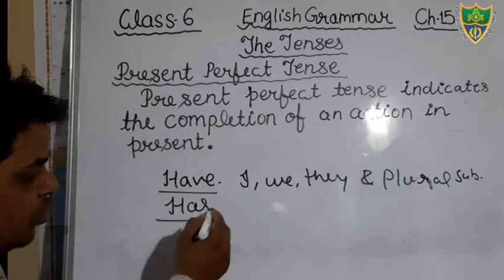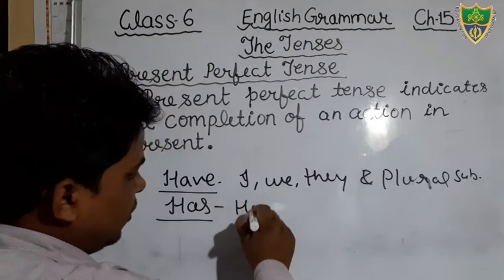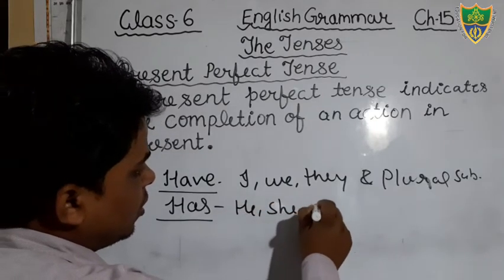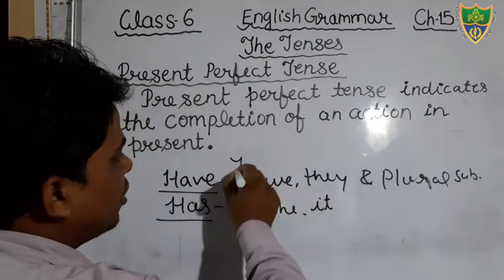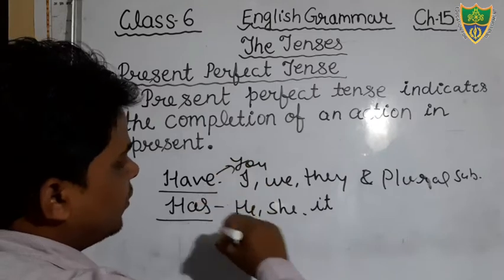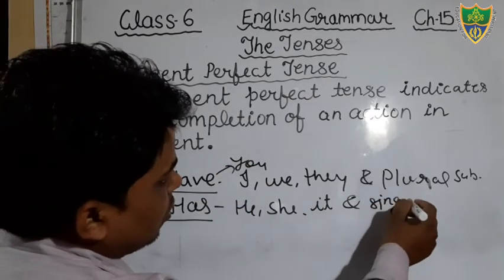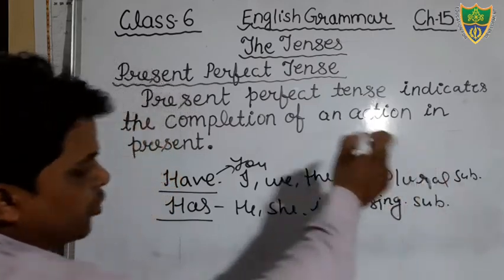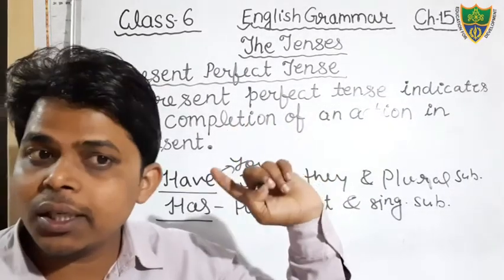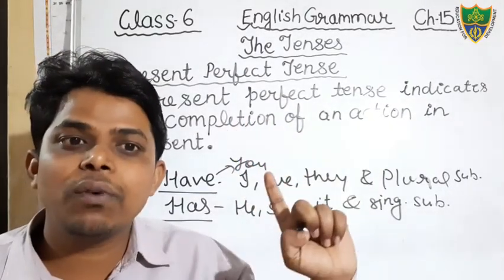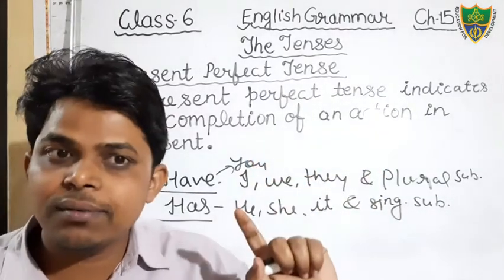And we use has with the singular subject: he, she, it. You can also include you in have. So students, keep in your mind there are two helping verbs. I have already told you, in present indefinite tense we use the helping verb do or does. In present continuous tense we use the helping verb is, am, are.